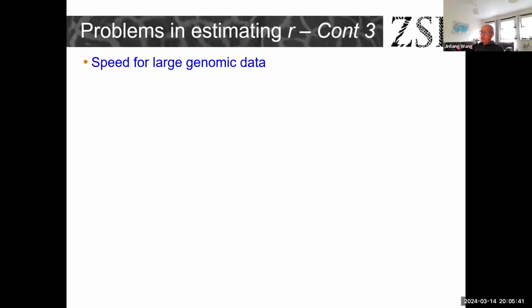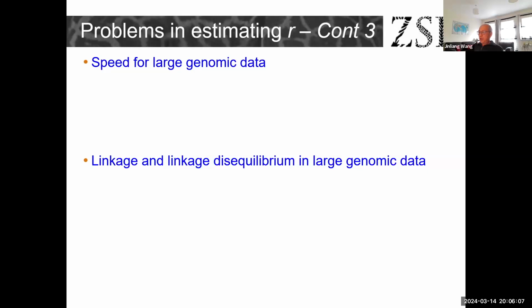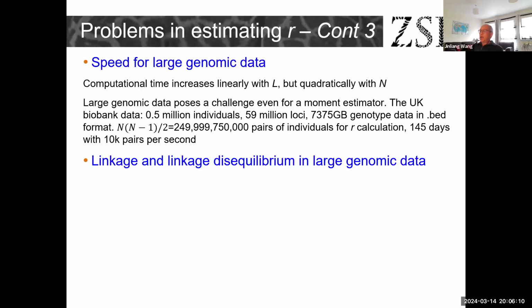So the main problems in estimating relatedness, apart from the previously discussed issues, are that we have to estimate allele frequencies from usually a small sample, and usually a sample containing related individuals and inbred individuals. There is another problem with nowadays genomic data, that is, we could have a large genomic dataset which takes a long time to compute, even with a moment estimator, which is simple to calculate.